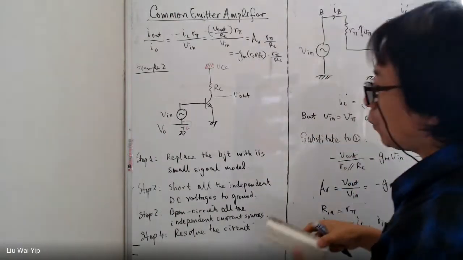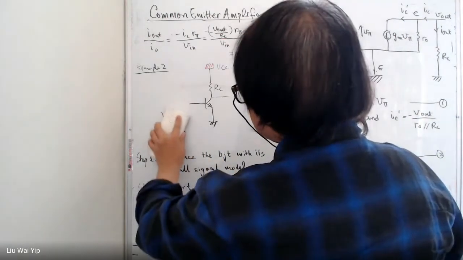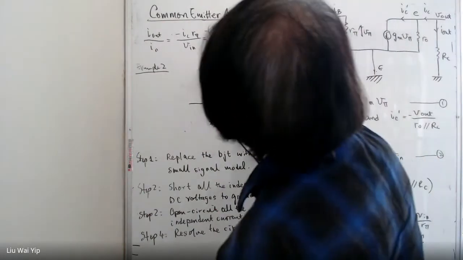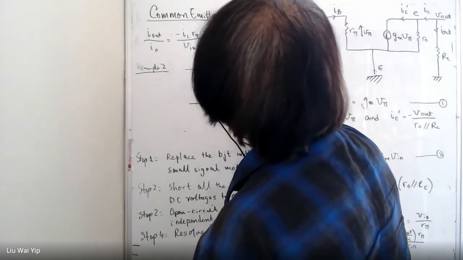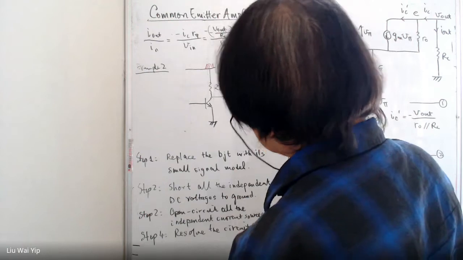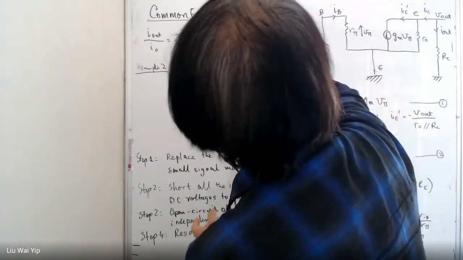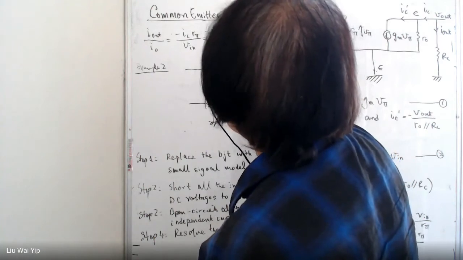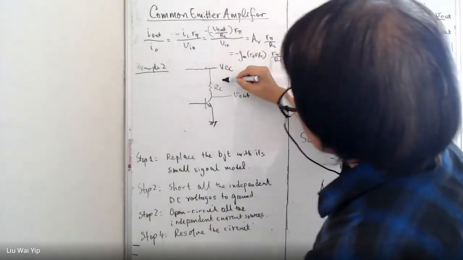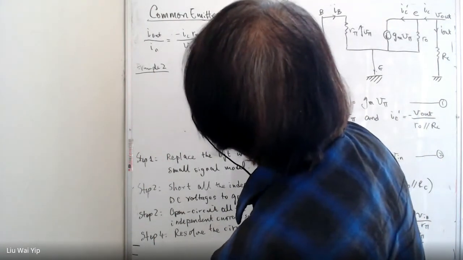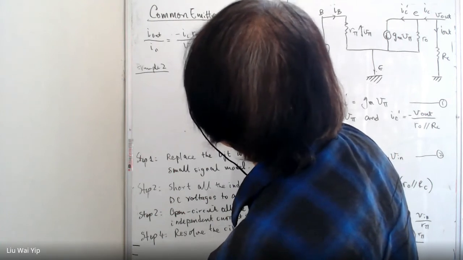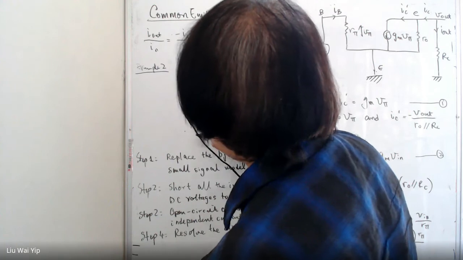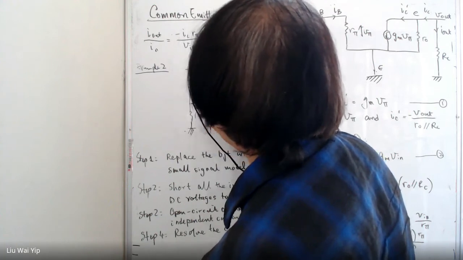And what we can do is we bias it using the same method. We use the same VCC here. And then we bias the base separately with R2.